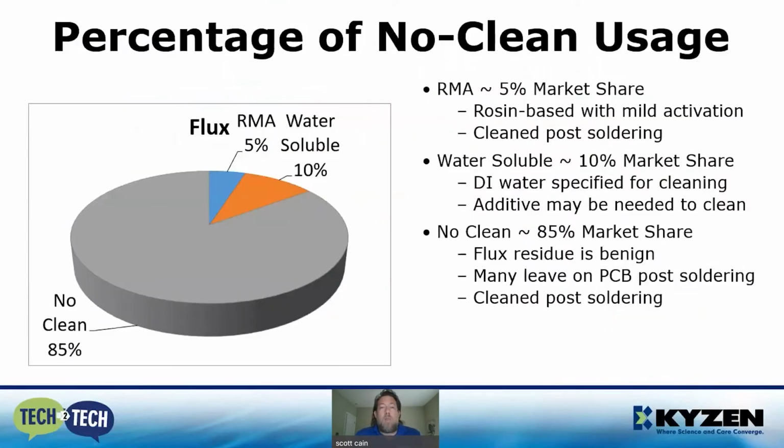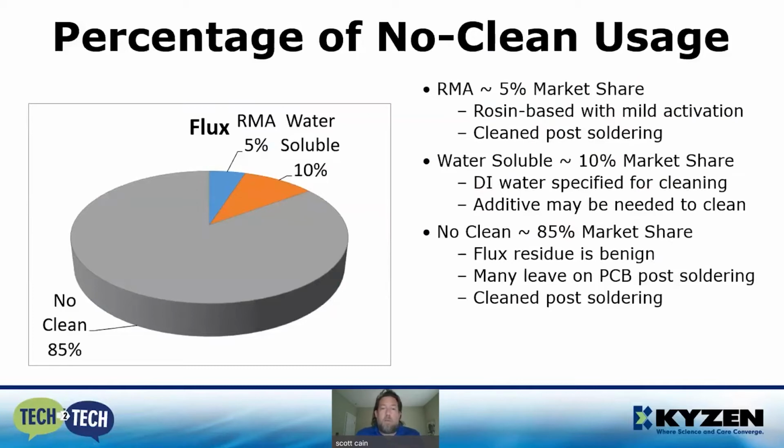What we see now is the marketplace has three different types of fluxes. The RMAs and the water solubles are really low market share, but if you are using those, there are other Tech-to-Tech presentations about them if you'd like to go back and learn about those. But really, no cleans are 85% of the market share, and the majority of them are being cleaned.